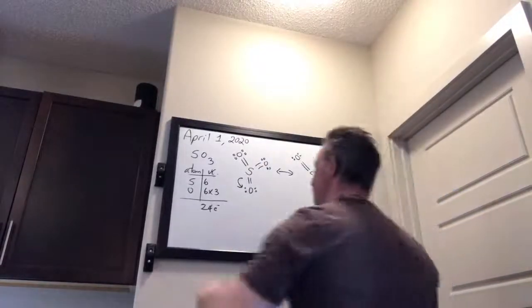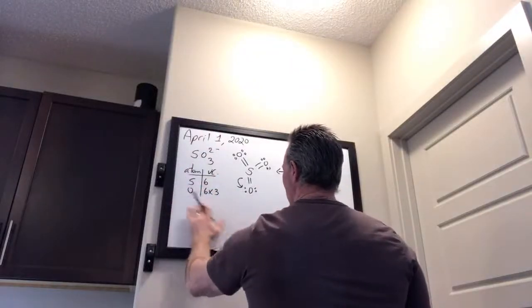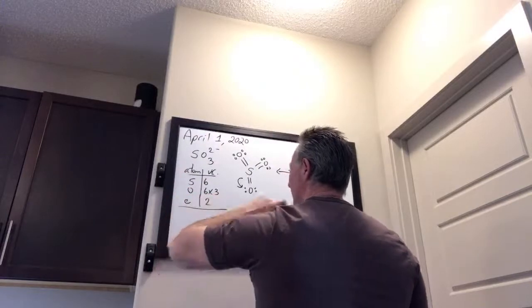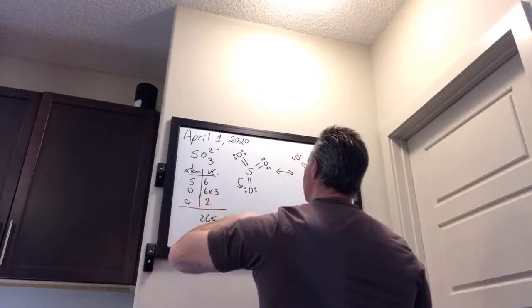With sulfite, which has a -2 charge, you would have to add 2 more electrons. So now I would have 26 electrons.